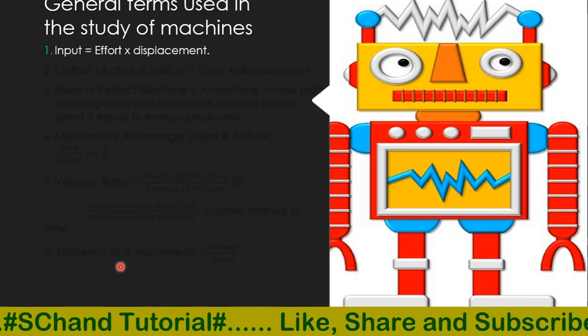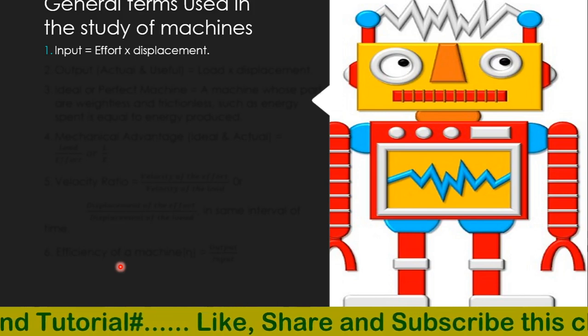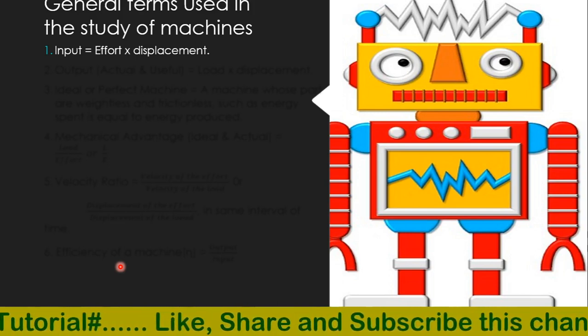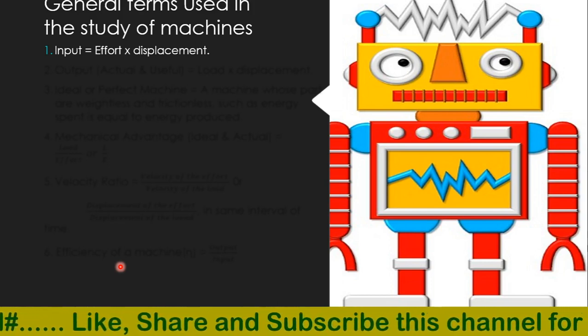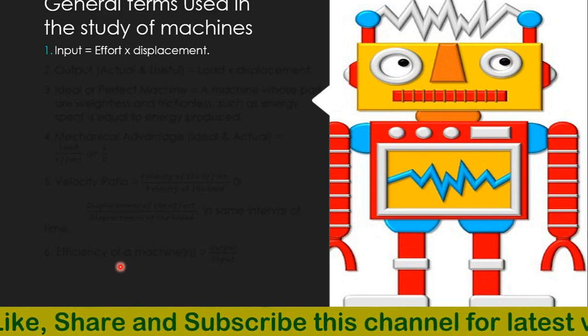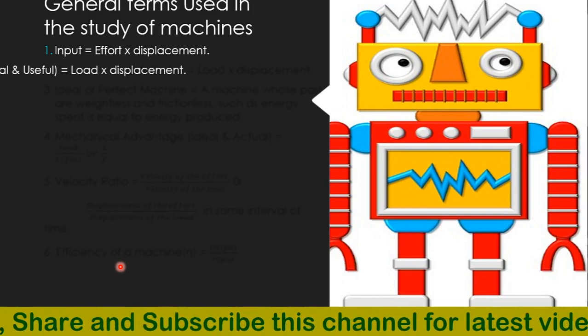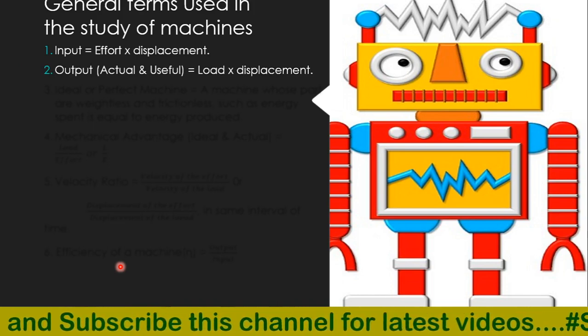Input means work done on the machine, or energy supplied to the machine. If an effort E causes a displacement D in its own direction, then input is equal to effort into displacement.